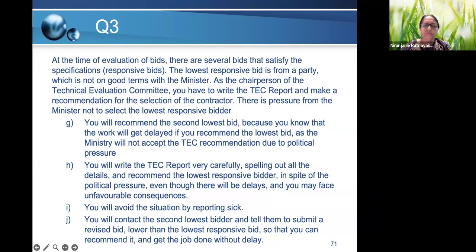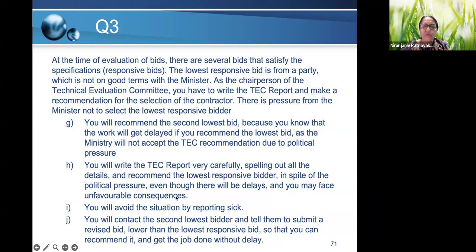So here you want to satisfy the minister by selecting the second lowest bidder. Here you are worried that the work will get delayed because the minister will influence the decision and the work will not get done or will get delayed.